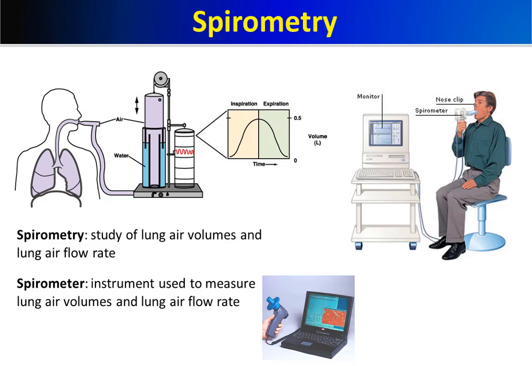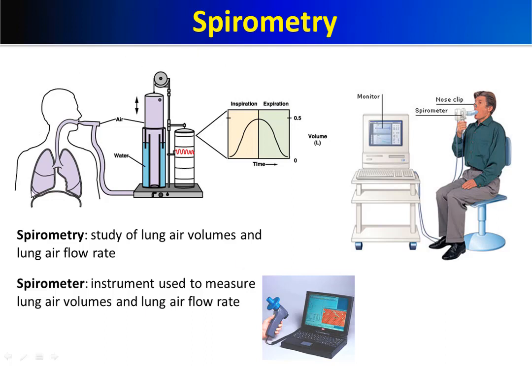And now let's describe another important topic related to pulmonary ventilation, which is spirometry. What is spirometry? Spirometry is the study of the lung volumes and lung air flow rate using an instrument which is known as the spirometer, which measures the lung air volumes and the lung air flow rates.